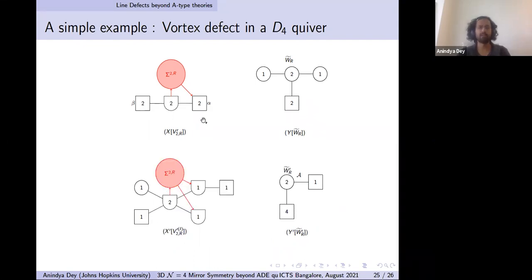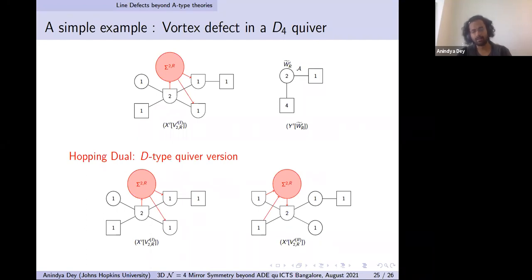So at the end of the day, you started from this dual theory and ended up with a defect in a D4 quiver and a Wilson defect in the mirror dual. Okay, so this is a very simple example, but you can carry on with more exotic examples. The paper that I wrote in March is completely about how to generate defects in D-type theories, starting from defects in linear quivers.